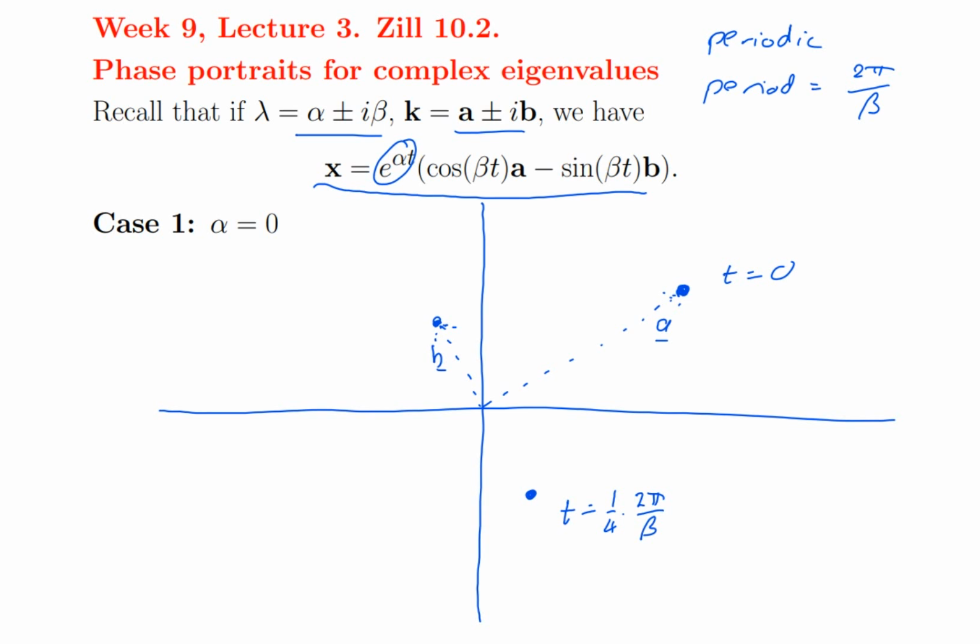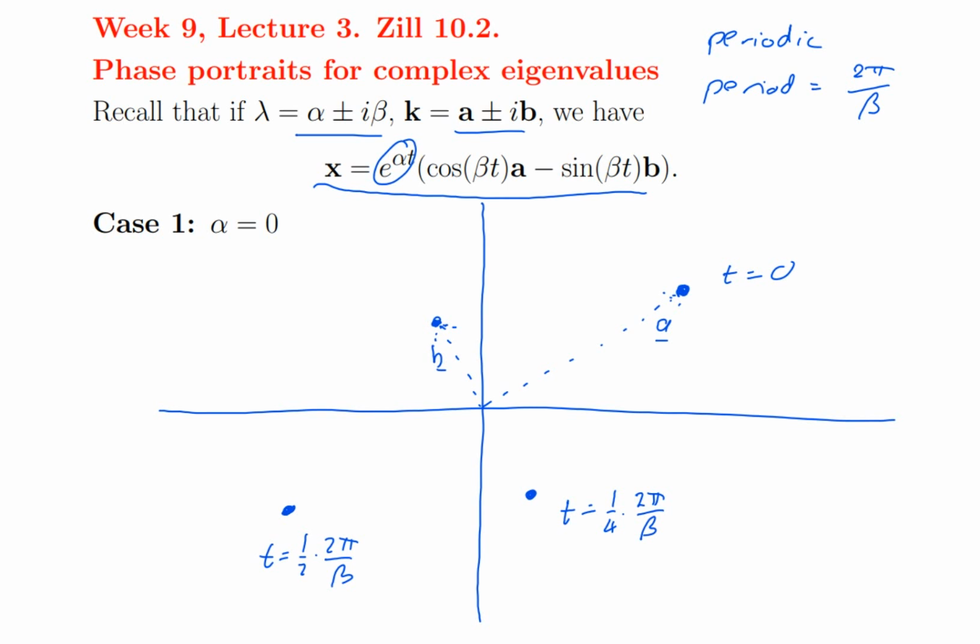When t is a half period, a half times 2 pi over beta, then beta times t would be equal to pi. Cosine of pi is minus 1, sine of pi is 0. I'll be pointing in the direction minus a. And when t is 3/4 of 2 pi over beta, I'll be pointing in the direction b.